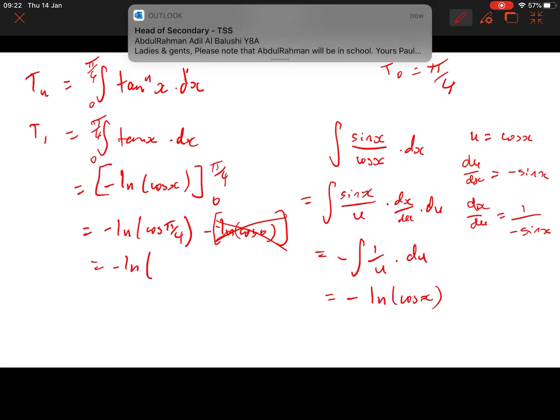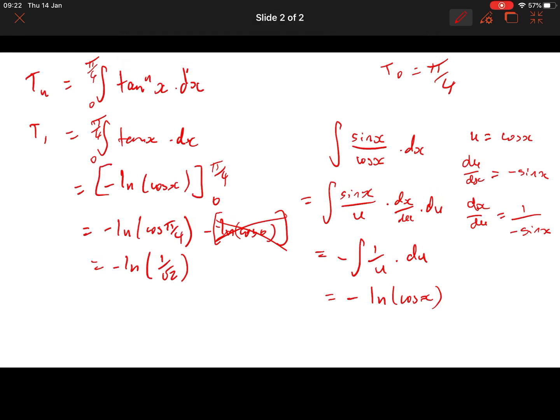Okay, then we're going to get minus log of 1 over root 2, cos pi over 4 is 1 over root 2, and rules of logs tell me that is going to be log of 1 over root 2 to the negative 1, so the reciprocal, so log root 2. Okay, or you could say it's a half log 2.